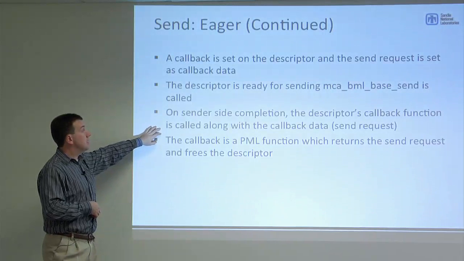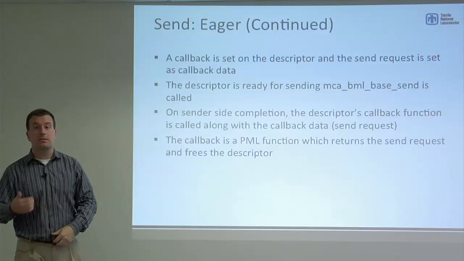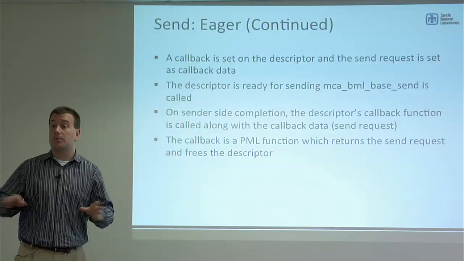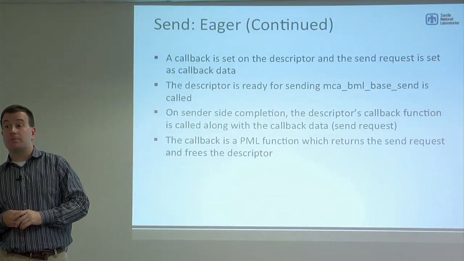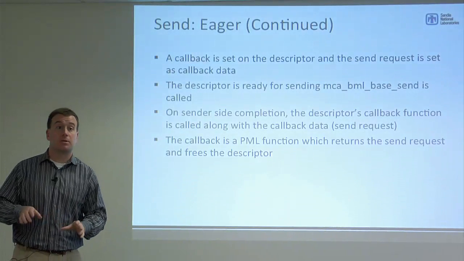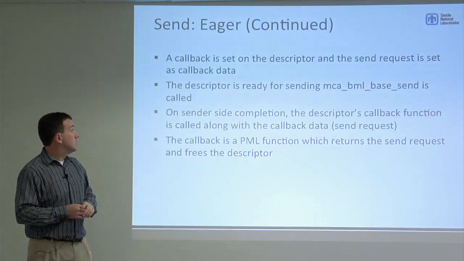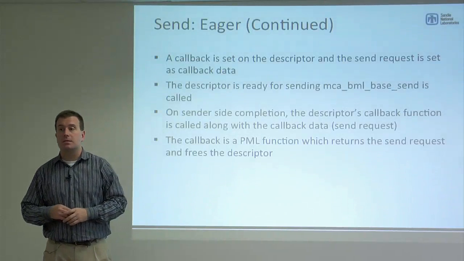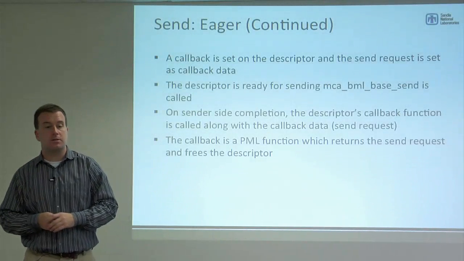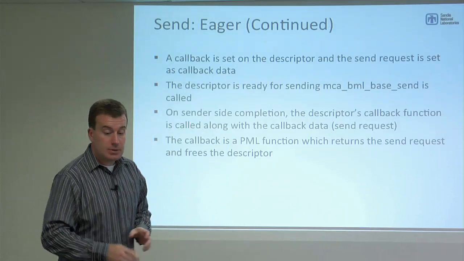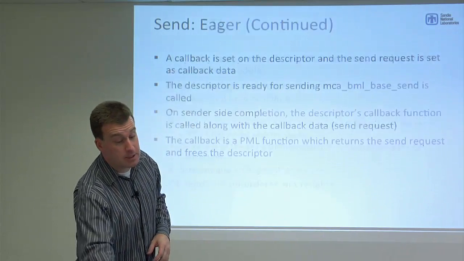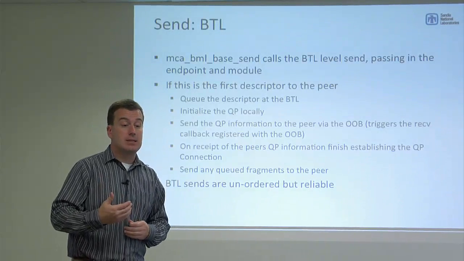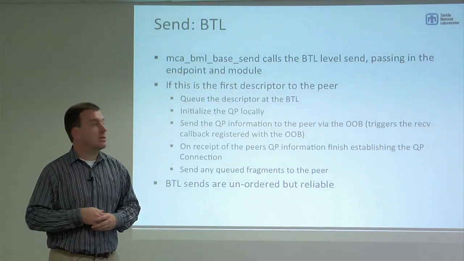On sender side, when we get send completion, since it's an eager message, we know we won't need the user's buffer anymore, and so we mark the request as complete. And when the callback into the PML for send completion occurs, that's all the PML does. It's a pretty short path for an eager message. For the BTL, let's say BTL send was called.